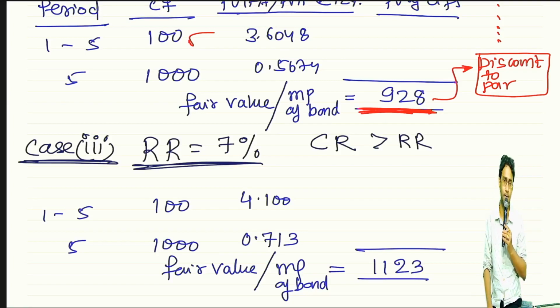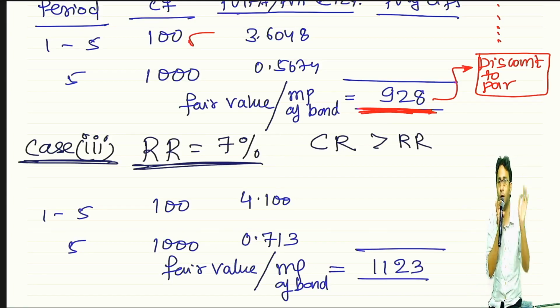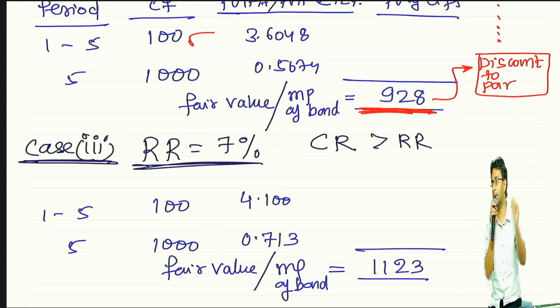My question is, when the bond is nicely giving you a coupon of 10%, how can you get just 7% return? You are buying the bond at a premium. You buy at 1123, and at maturity you get only 1000 back. 123 rupees gone. Capital loss is there. The 10% coupon you will get, but overall, put together, you will earn only 7%.